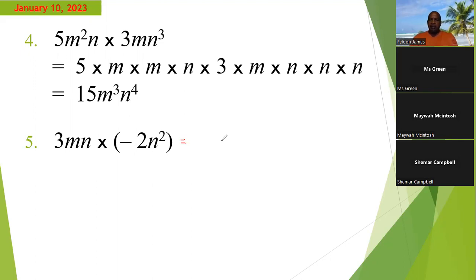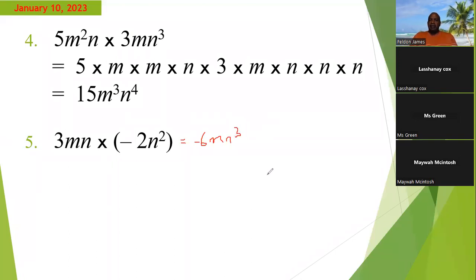Any volunteer who would like to try? Sir, -6m and 3. -6 m n to the power 3.